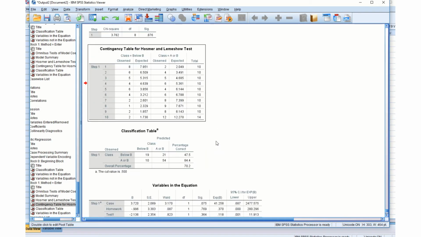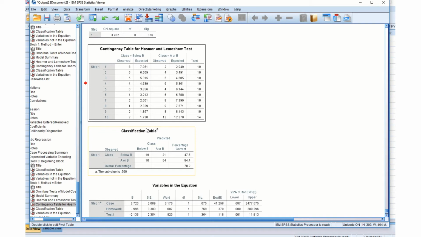Moving forward, the contingency table. Now this is kind of an interesting little box. What this does is it helps indicate how well our predicted model classifies individuals. It takes small groups of respondents and classifies them, and then looks to see how well it classifies them.